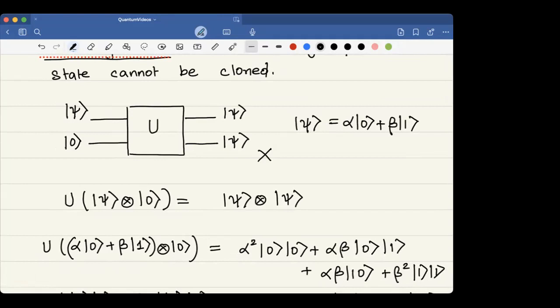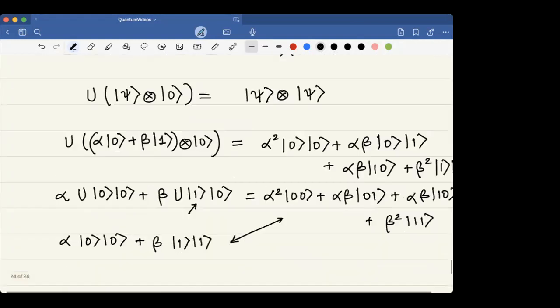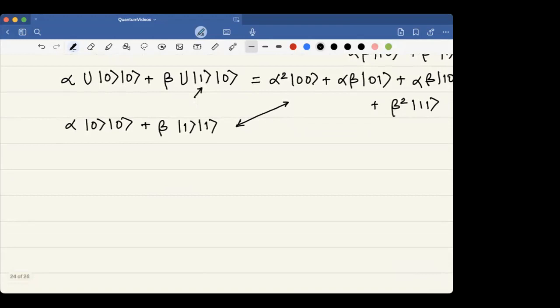The no cloning theorem is a very important theorem, and it has some very important consequences. So let's look at some consequences of the no cloning theorem. The first one is error correction. As you know, in quantum computation, one of the key things is error correction because of environmental noise.